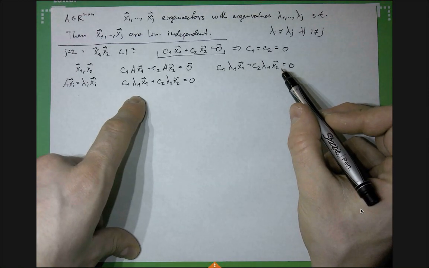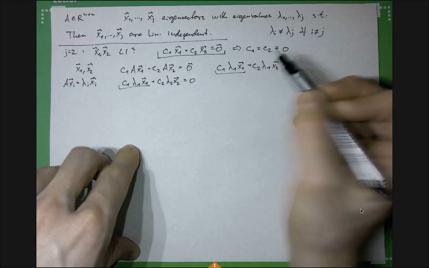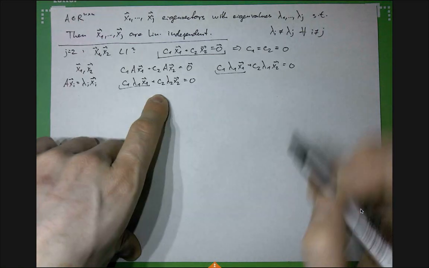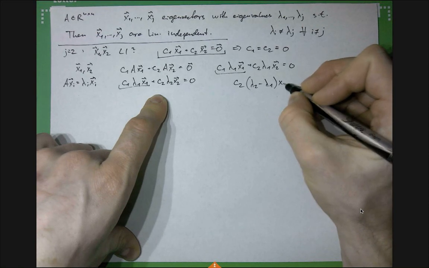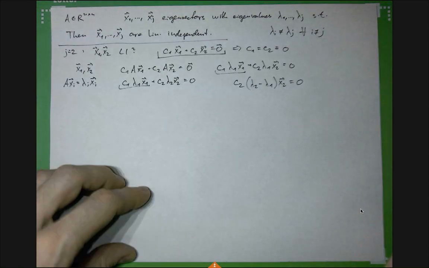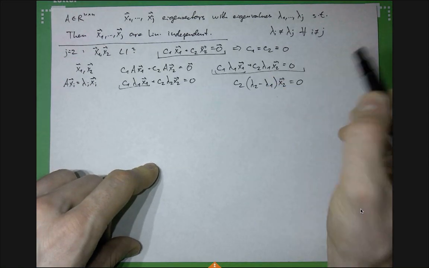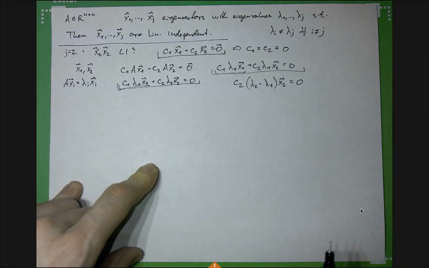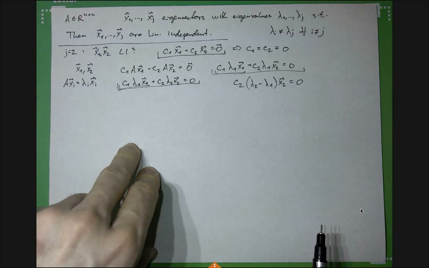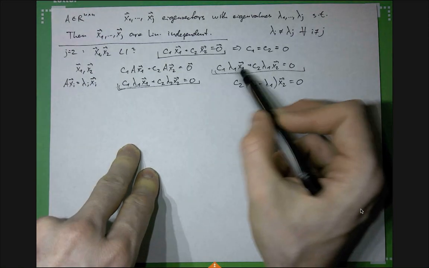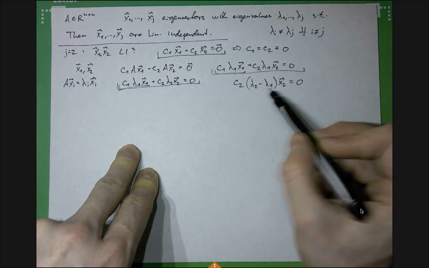And now look, I can subtract them, right? If I subtract them, the first term just falls out because it's the same in both of them. And what I get is C2 times (lambda 2 minus lambda 1) x2 equals 0. I just took this equation and subtracted it from this equation. It's a vector equation, but it's fine, right? So this one is the same, so it subtracts to nothing, and this C2 x2 is repeated, so all I get here is lambda 2 minus lambda 1.